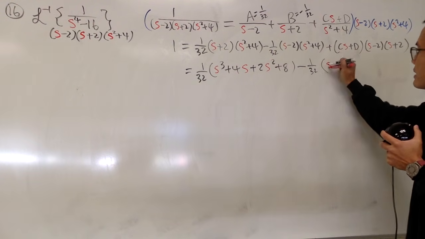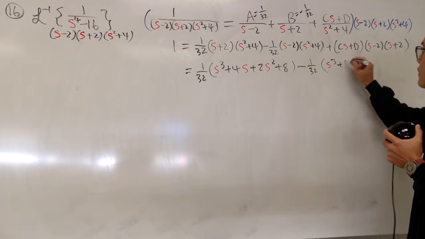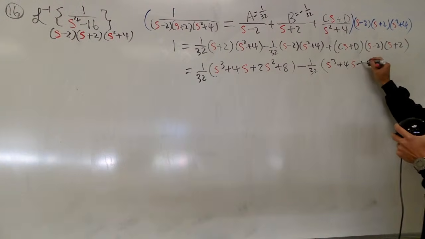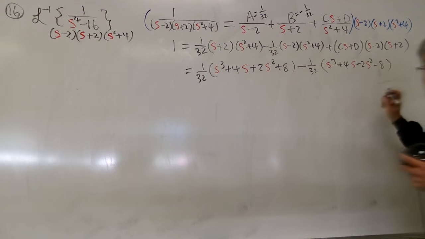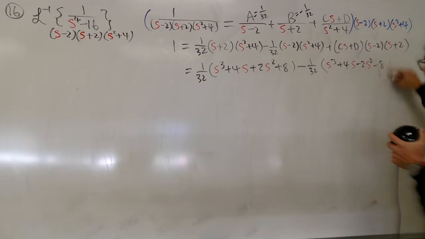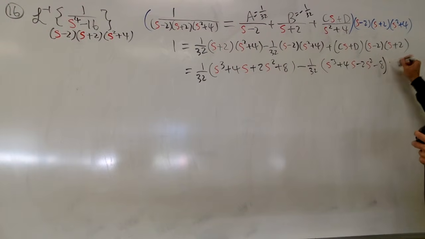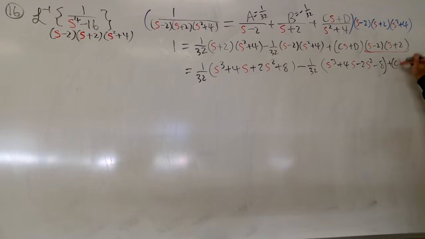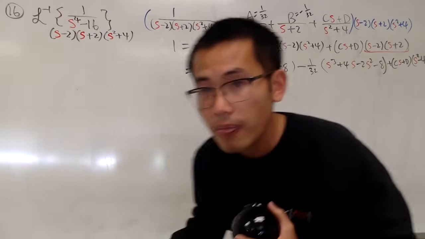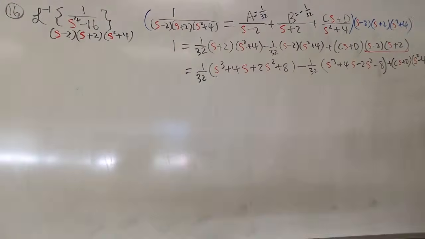So we get s third power plus 4s, and then minus 2s squared minus 8. And lastly, I'll put on plus cs plus d times s squared minus 4. You guys can see this right here, yeah.